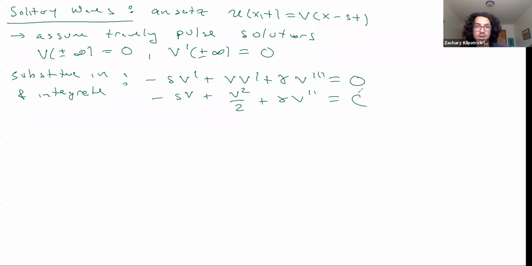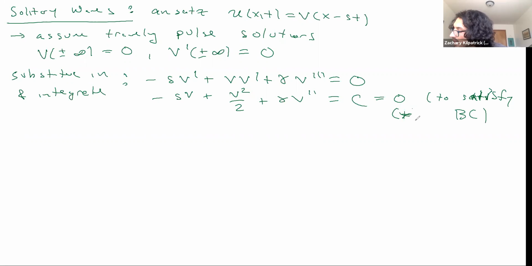And so in order to make sure that my solution is vanishing out at the boundary, I need this constant to be equal to 0, essentially to satisfy my boundary conditions. So taken all together, this is our equation, I'll call it star here.